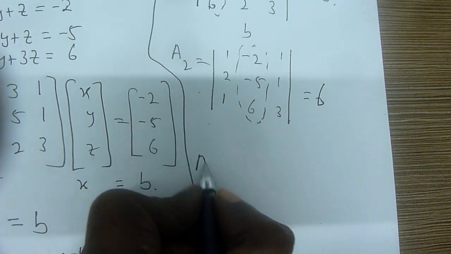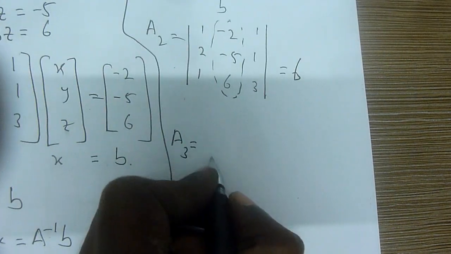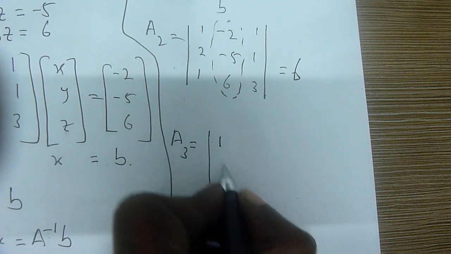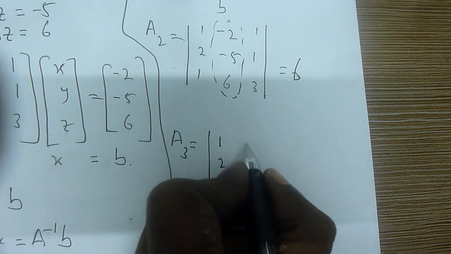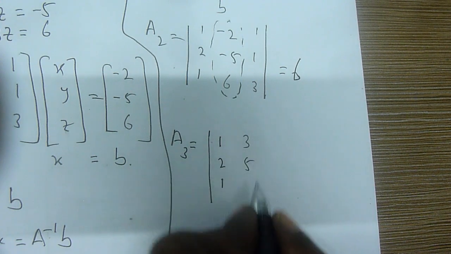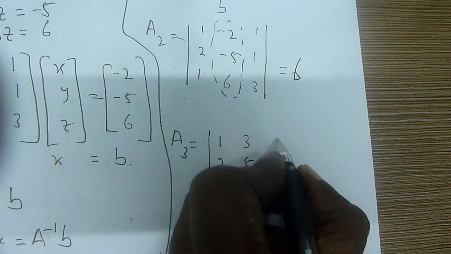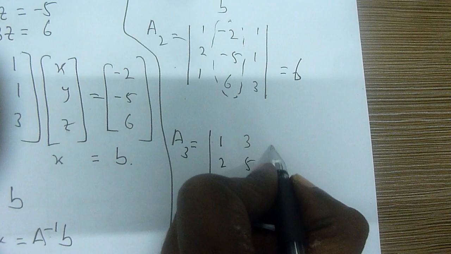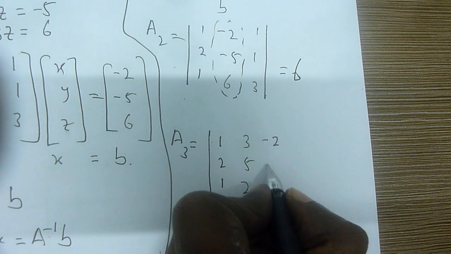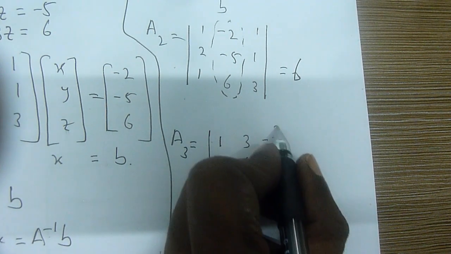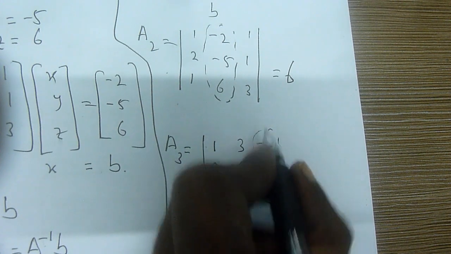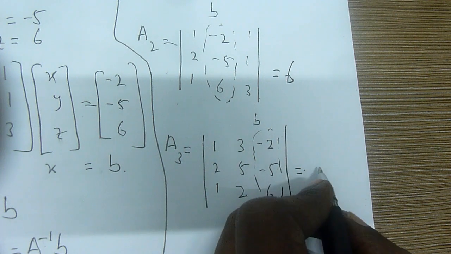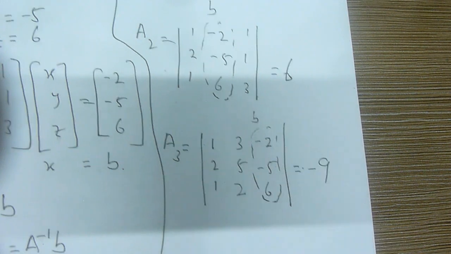And A3, similarly you start doing that, 1 2 1 3 5 2, and now you place this B, the B -2 -5 6, and you get -9.